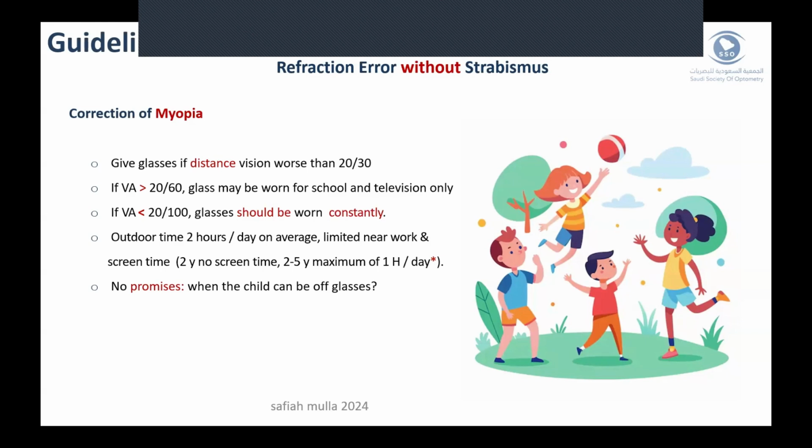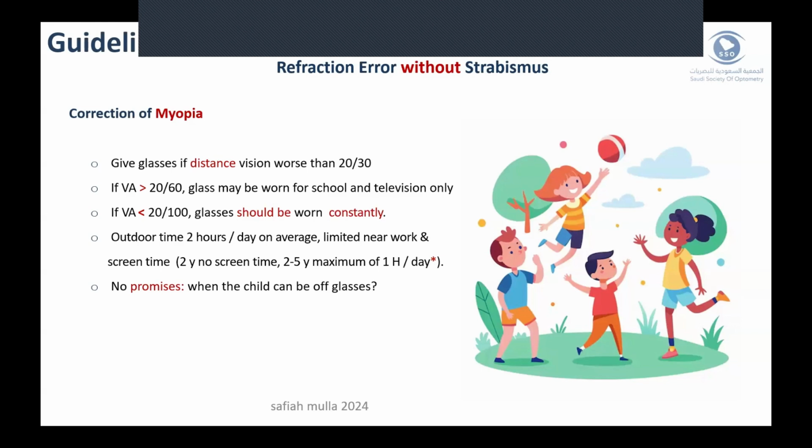You also should tell the parents to make sure the child has outdoor time, approximately 2 hours per day on average, so that they have relaxed accommodation and normal development of the eye. They also need to limit the near work and the screen time during that age, because it is going to affect the emmetropization process.